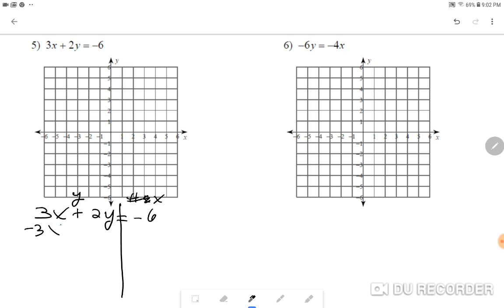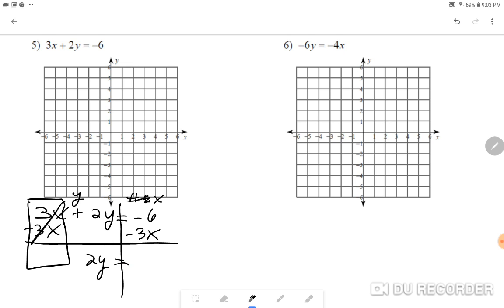And when you do it to one side, you must do it to the other side. Now these are opposites, so guess what happens? They're going to cancel. So you have 2y is equal to, the negative 6 and the negative 3x cannot be combined because they're different, so the answer is negative 6 minus 3x.